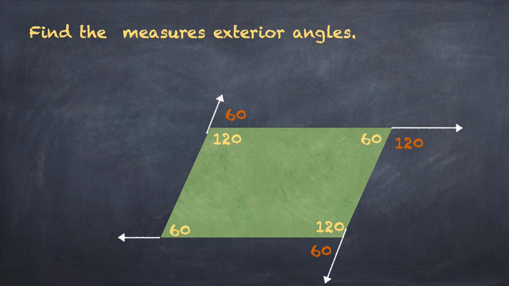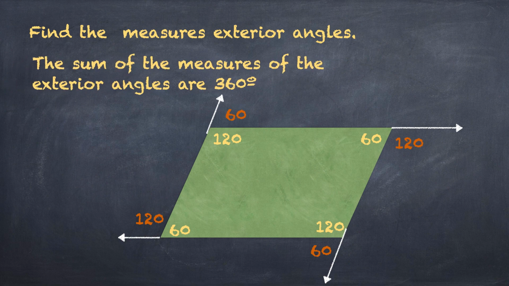And 120 plus 60 gives me 180 degrees. All right, so if I added all of those up on the exterior, what do they add up to? Well, the exterior measures are the same as the interior in this case, and that was 360 degrees.